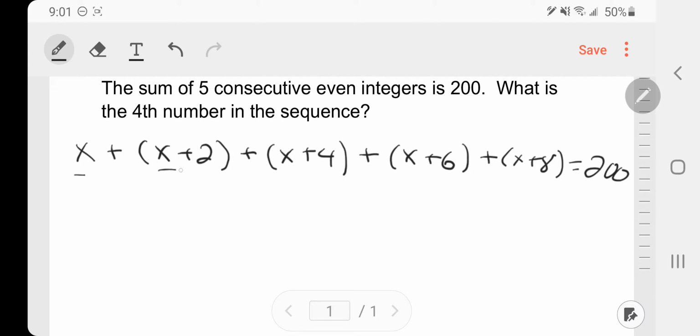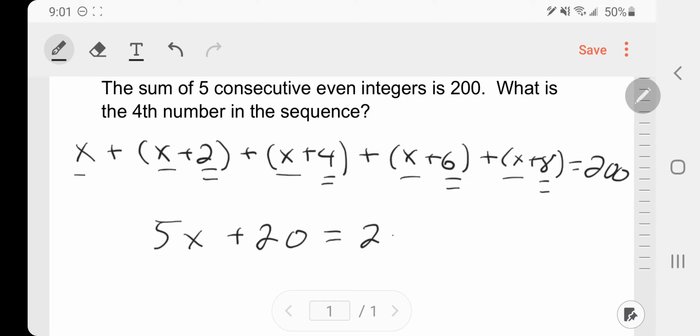So we have 1, 2, 3, 4, 5 x's. When we combine our like terms, I'm going to get 5x. And now I have 2, 4, 6, and 8, which gives me 20. So 5x plus 20 equals 200.